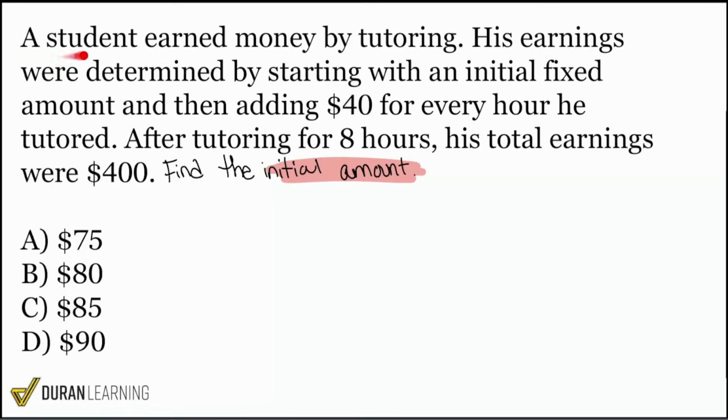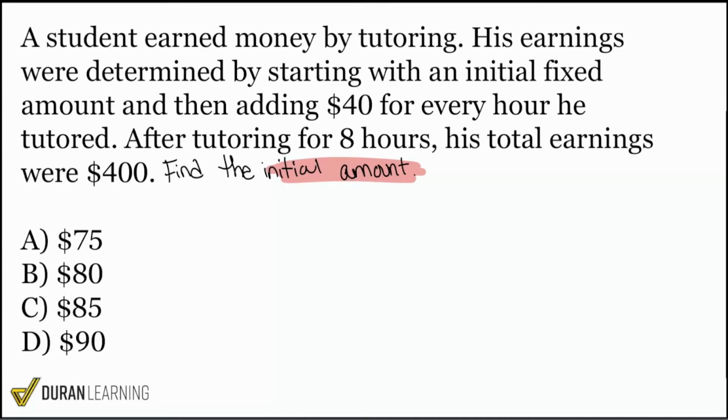So a student earned money by tutoring. His earnings were determined by starting with an initial fixed amount and then adding $40 for every hour that he tutored. After tutoring for 8 hours, he earned a total of $400. Let's lay the story out.